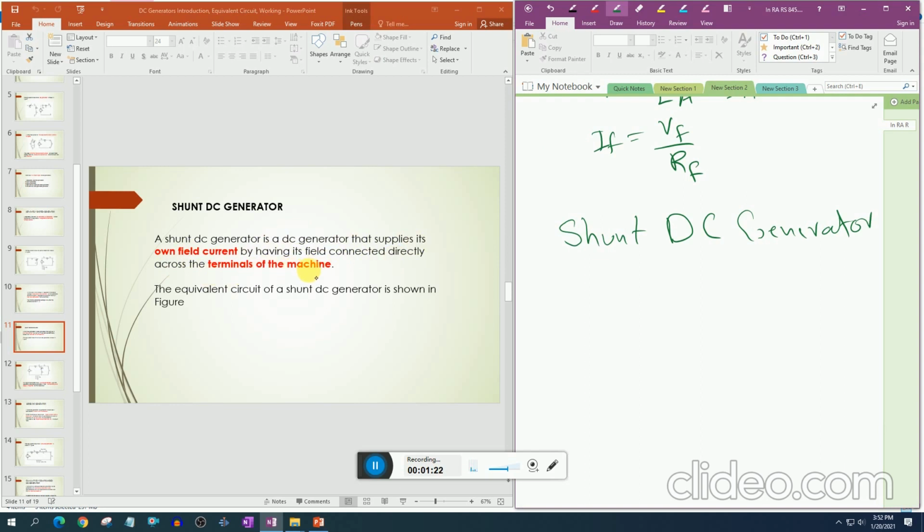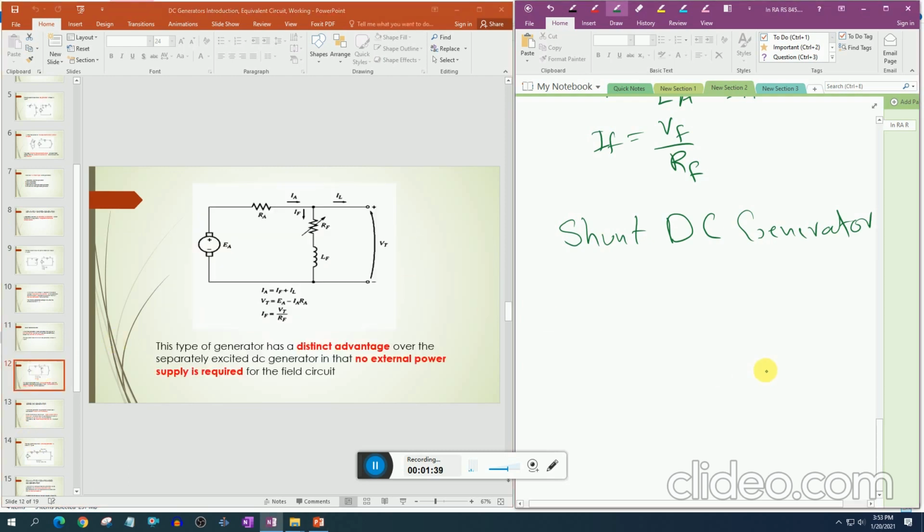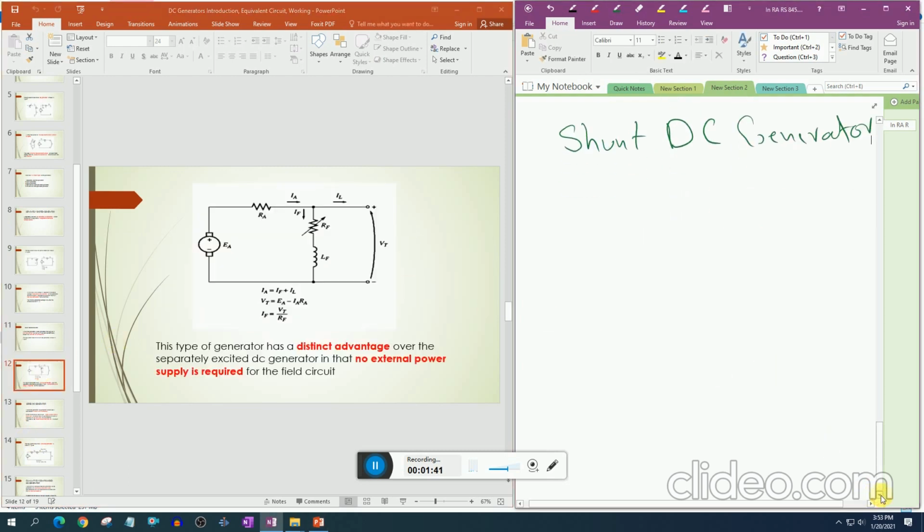For example, the generator generates DC voltage and DC current, and this is supplied to its own field circuit, which is connected directly to the terminals. Its equivalent circuit is the same as we studied for DC shunt motors, just with a difference in direction.